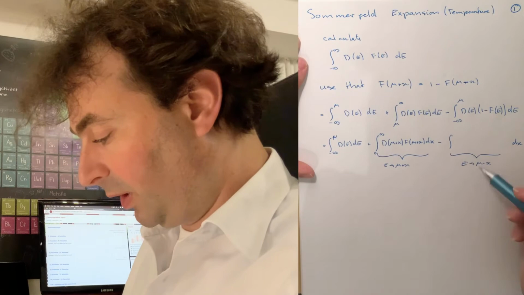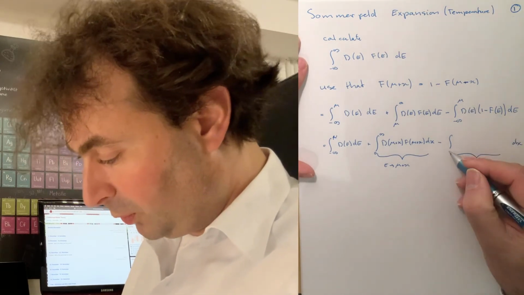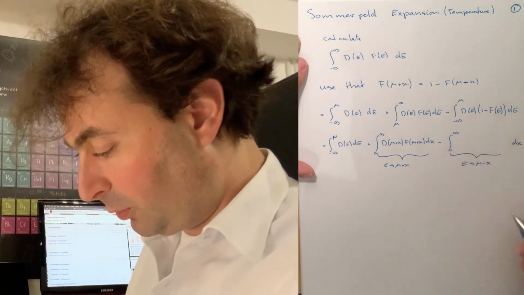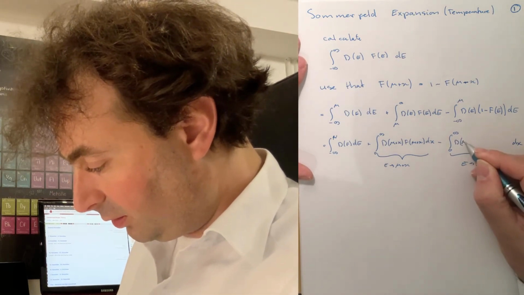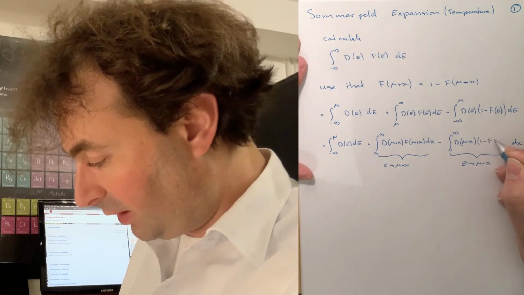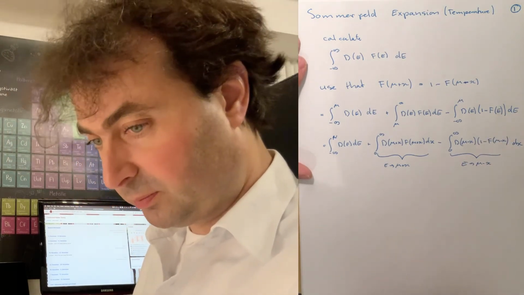So integration boundaries, because I have a minus sign in here, flip, so mu becomes 0, minus infinity becomes plus infinity, and I have D(mu minus x) (1 minus f(mu minus x)) dx.